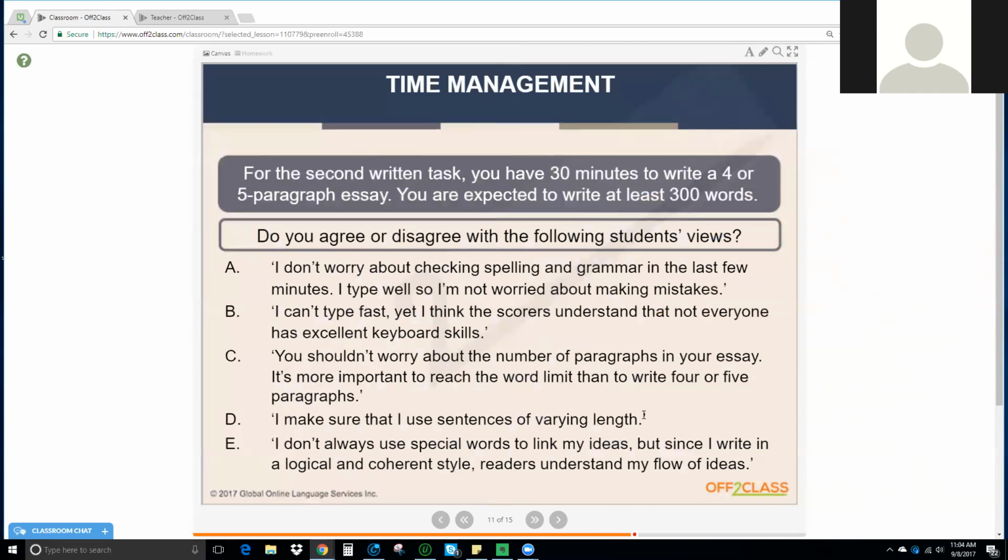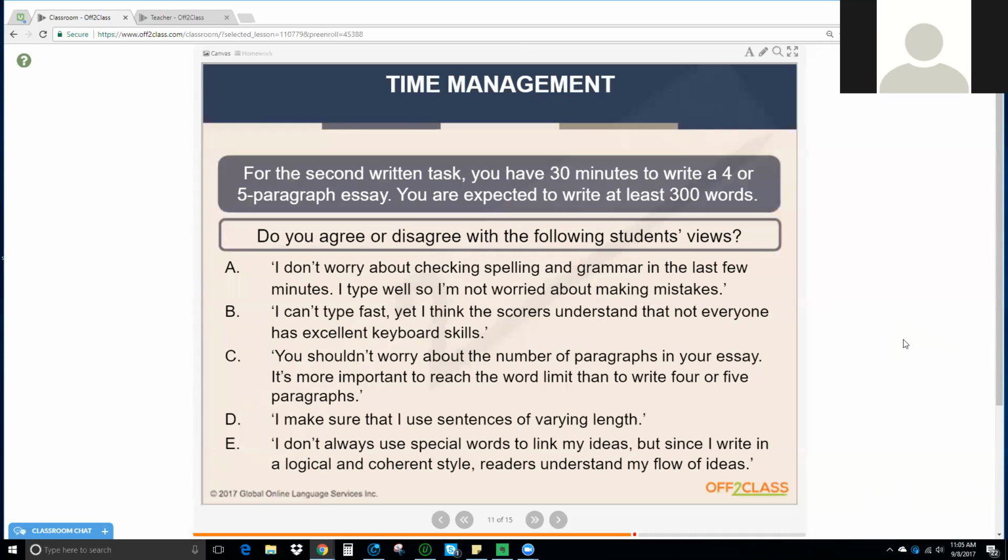All right. The second task, the independent task, you have 30 minutes to write a 4 or 5 paragraph essay. Whether it's 4 or 5 paragraphs is going to depend on how many key points you had, right? So if there were 2 rather than 3 key points, you're probably only going to have 4 paragraphs, okay?